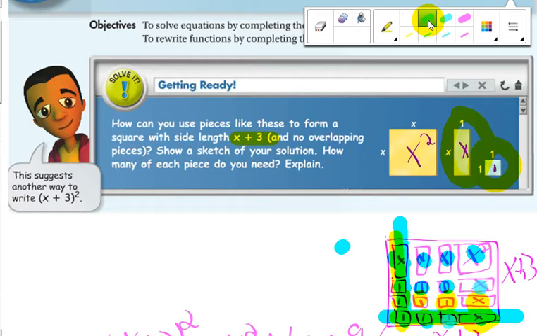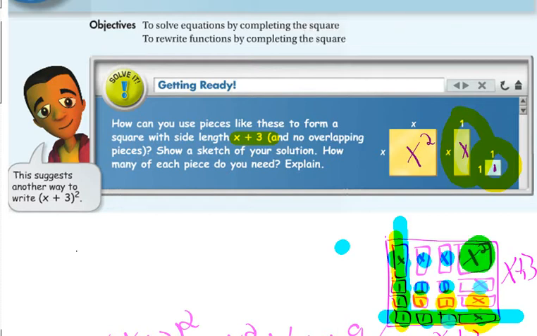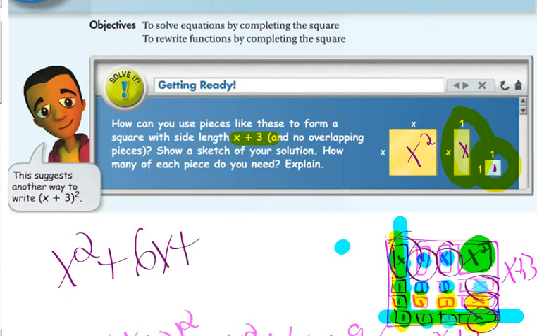So how many x squareds are we going to have? We have 1 x squared, plus how many x's? 1, 2, 3, 4, 5, 6. And how many 1s? Well, there's 3, 6, 9.